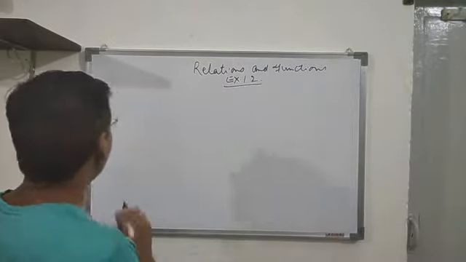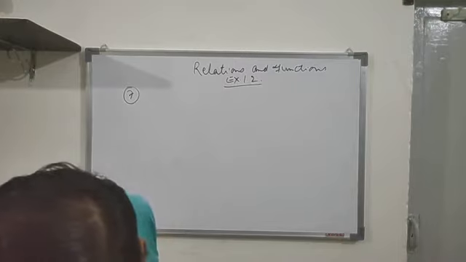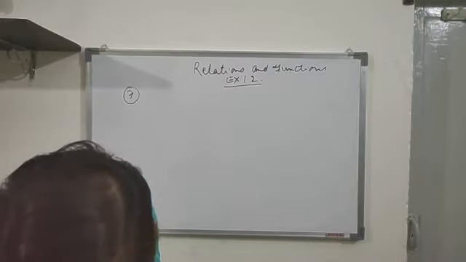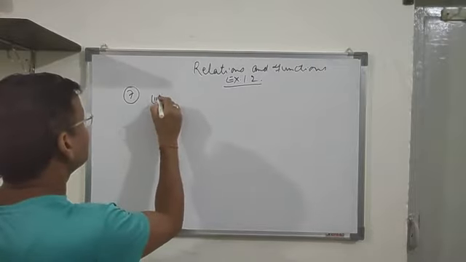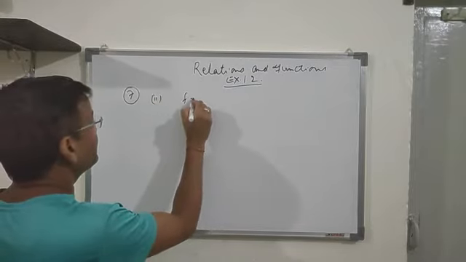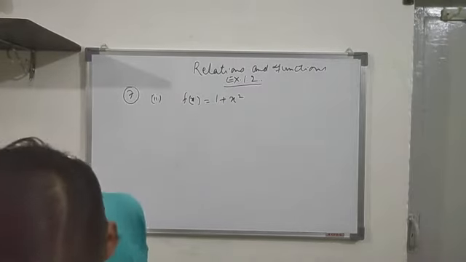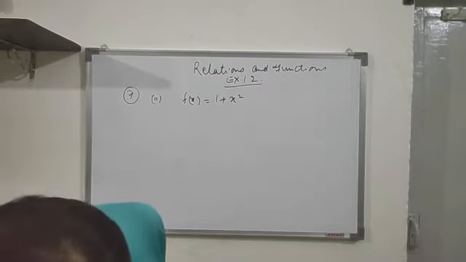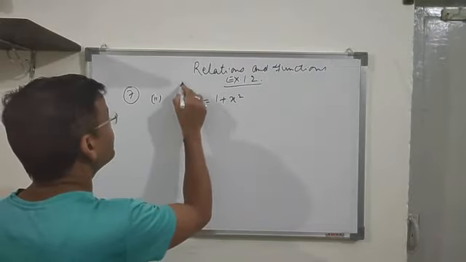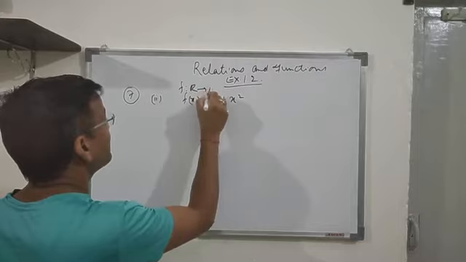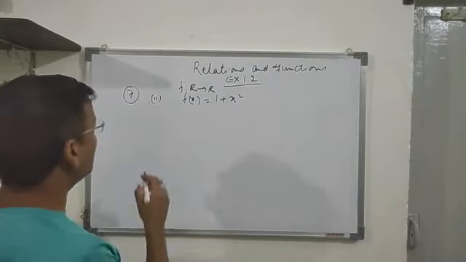In question number 7, I'm taking one part, the second part of it, f(x) equals 1 plus x square. The function is given as f from R to R. The question is whether it is 1-1, onto or bijective or not.